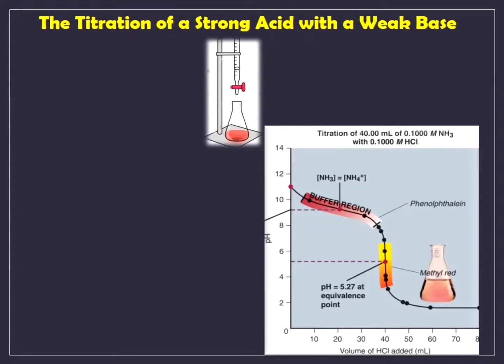So yes, in the conical flask should be replaced with NH3, while in the burette kita akan fill in with HCl sebab the volume here, class. Kita dah ada volume awal. So volume awal tu biasanya mesti berada dalam conical flask. That's the clue class. Please remember.